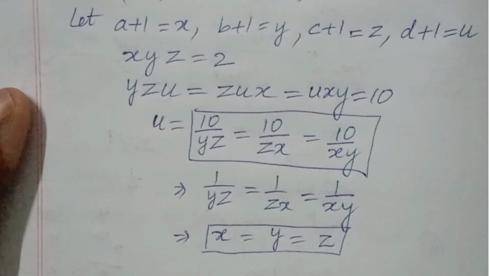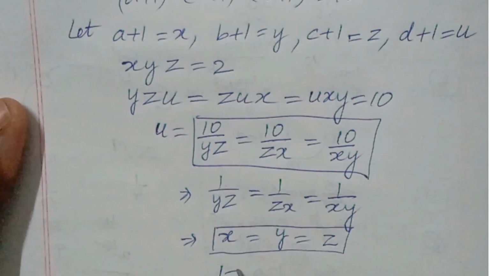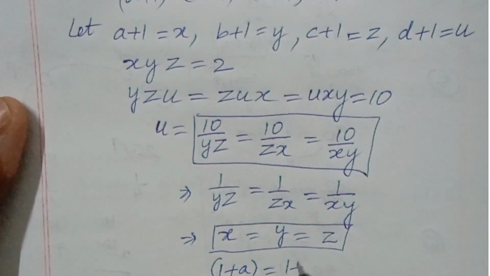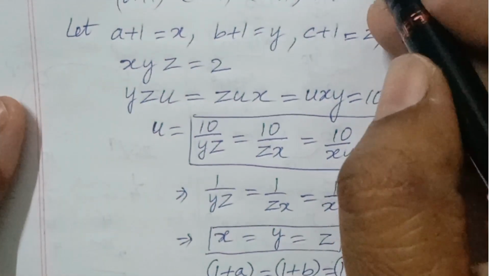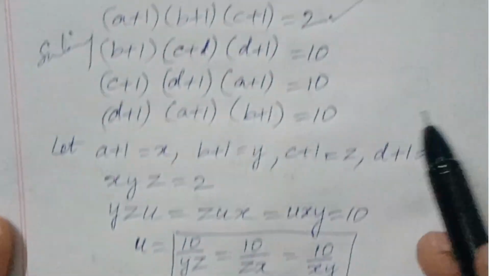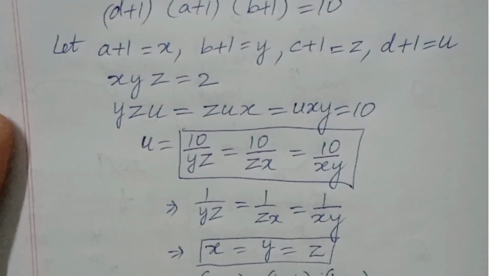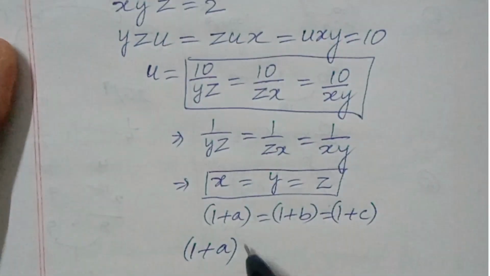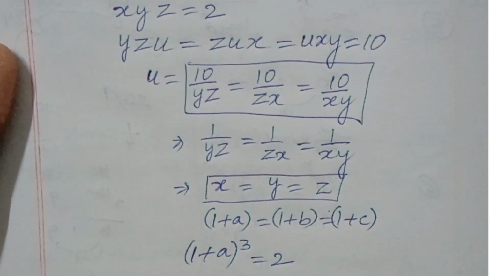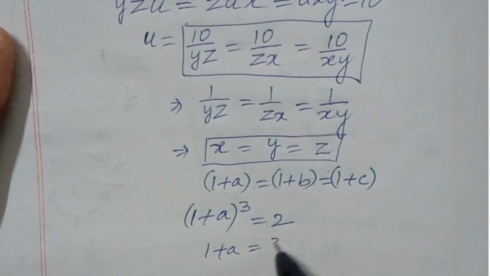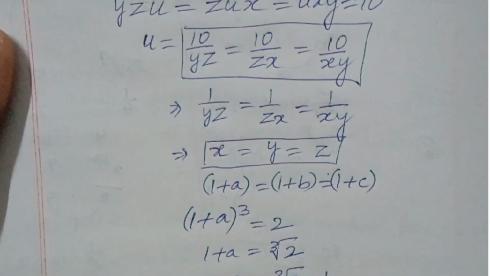So if x equals y equals z, then 1 + a equals 1 + b equals 1 + c. Substituting in the first equation, we take (1 + a) whole cube equal to 2, so 1 + a equals cube root of 2, and a equals cube root of 2 minus 1.